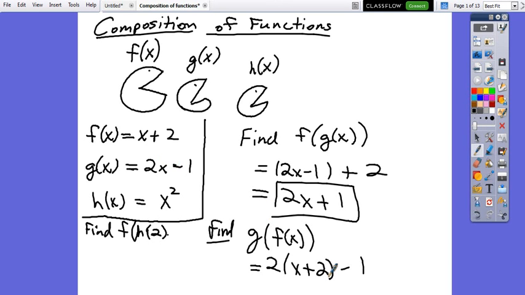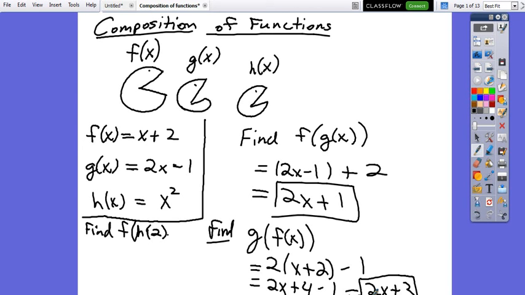Once I've plugged in, now I just simplify. I'm going to distribute the 2 onto the x and the 2. So this comes out to be 2x plus 4 minus 1, and that simplifies down to 2x plus 3. So the final simplification of the composition g of f of x is 2x plus 3.